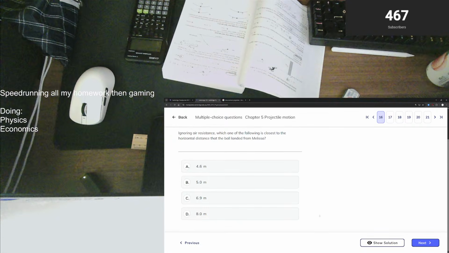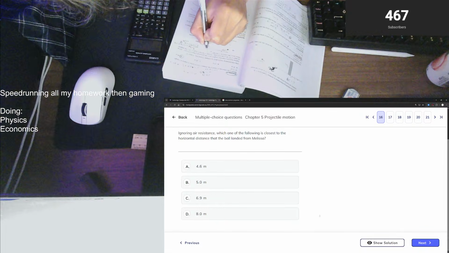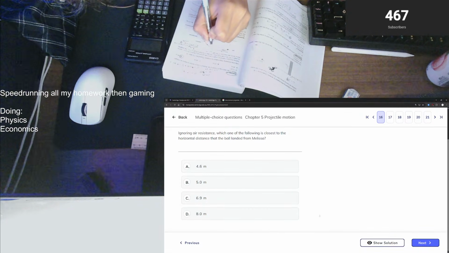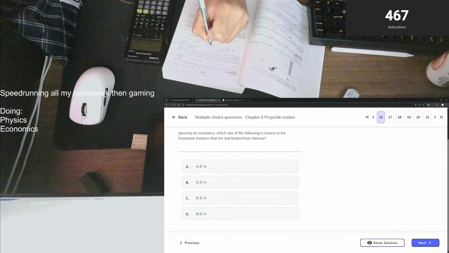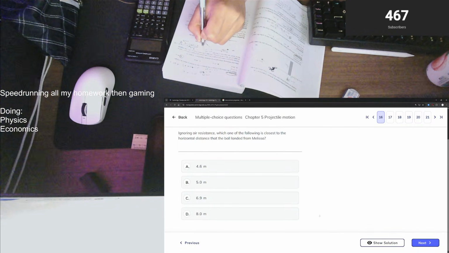Oh, what? How do I do this? Okay, so let's use the horizontal component. Initial equals 4. Stupid, initial equals 4. Acceleration equals 9.81.